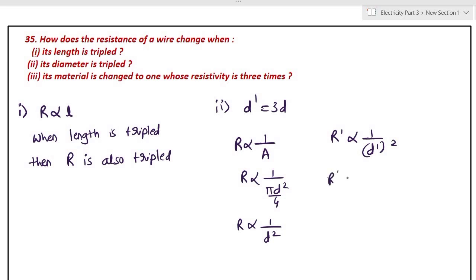R dash is proportional to D dash, which is 3D, bracket square. That is 9D square.